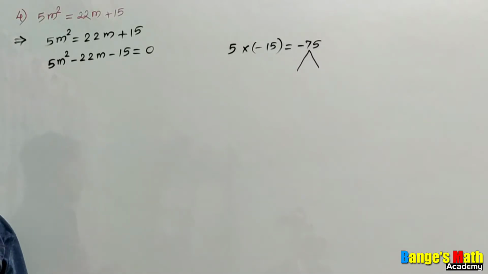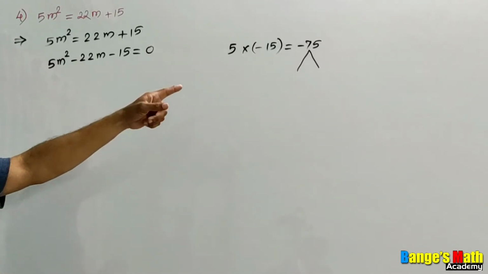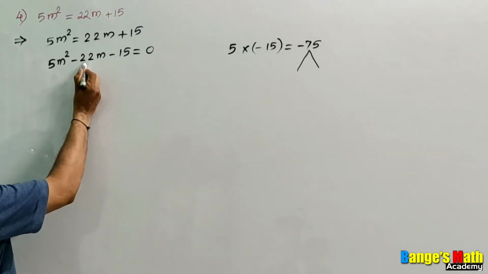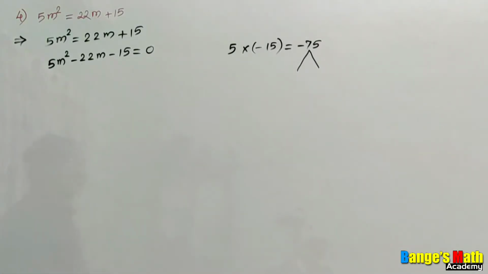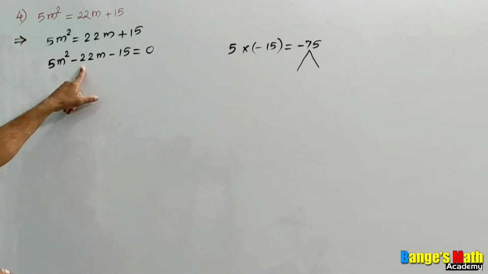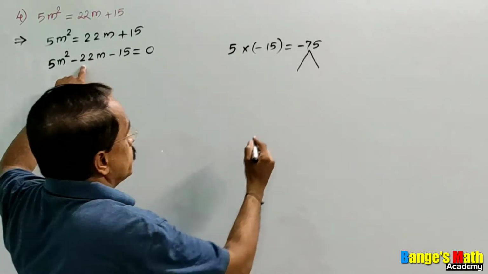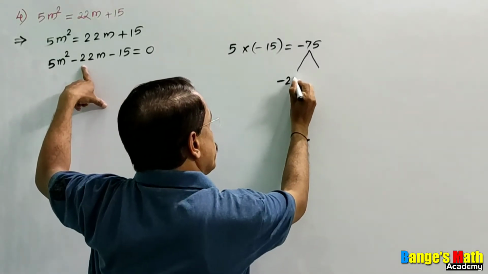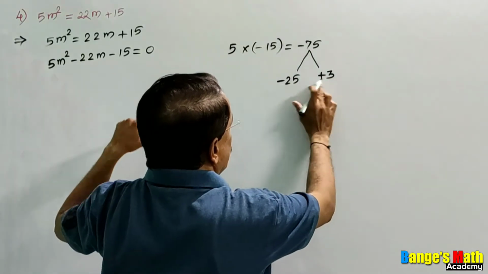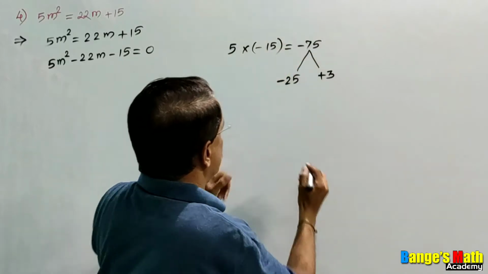Find two numbers such that their product is minus 75 and their sum is minus 22. So the product is negative and the middle term is also negative, so the bigger number is negative. So minus 25 into plus 3, the product of these two numbers is minus 75.